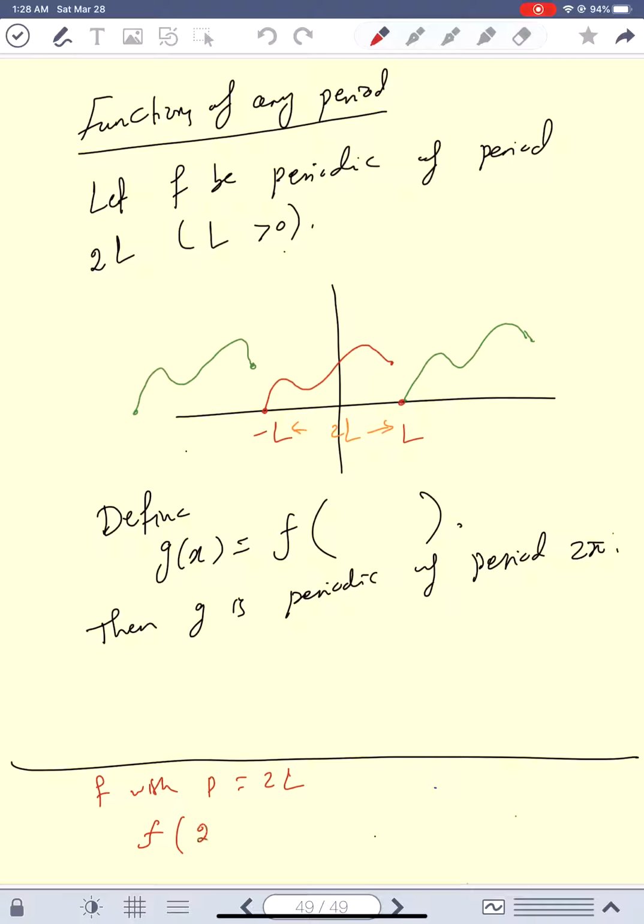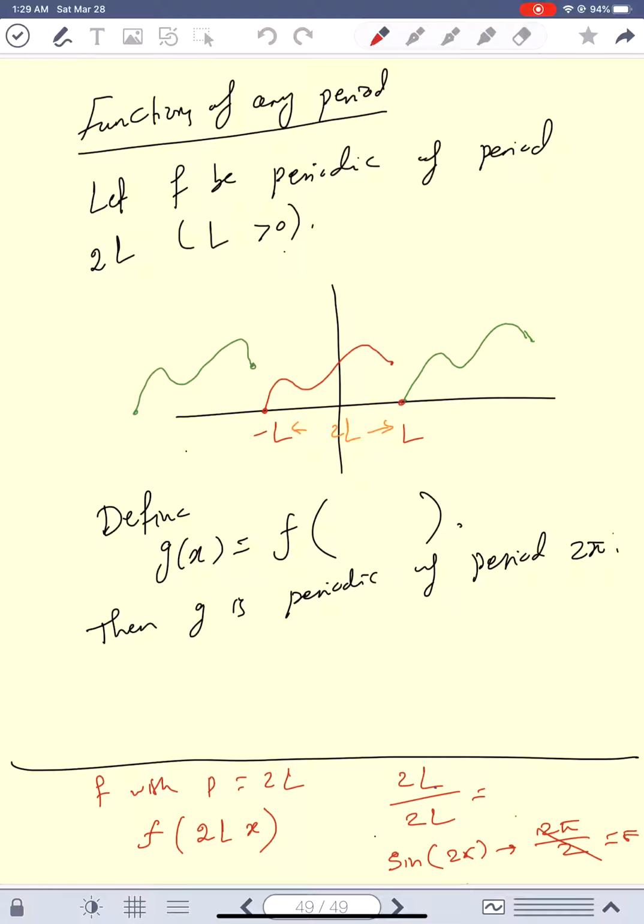If you have f of 2lx, what is the new period? If you remember, we divide the old period by the coefficient of x, right? For example, let's look at the easy examples. For example, sine 2x, what's the period? You ask, what is the period of sine x? It's 2 pi. You divide it by the coefficient of x, you get pi.